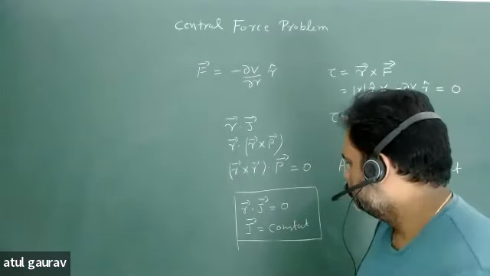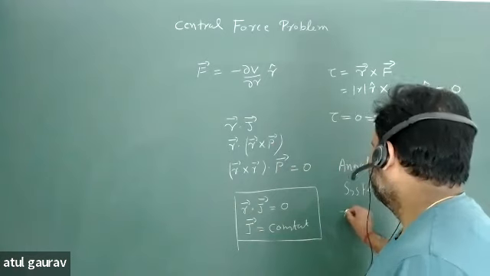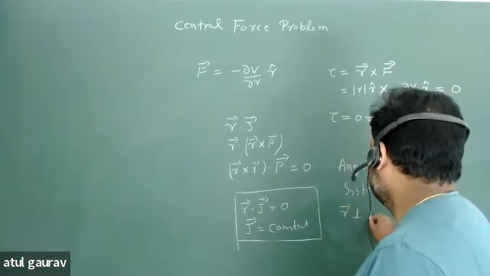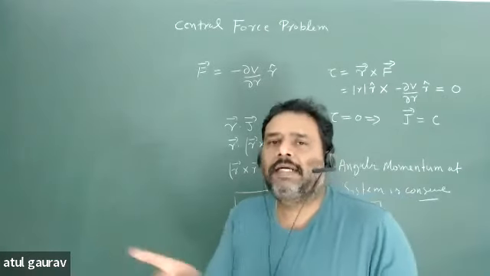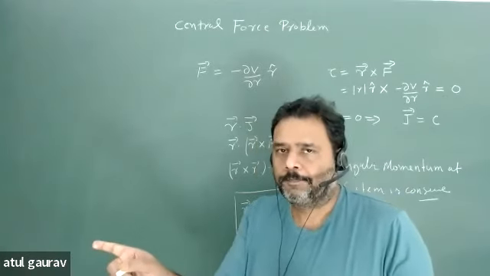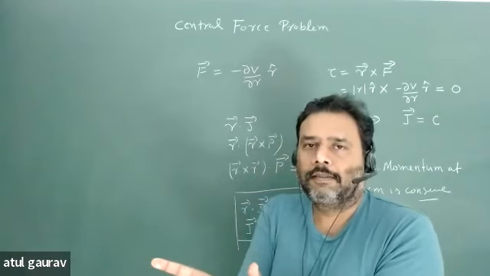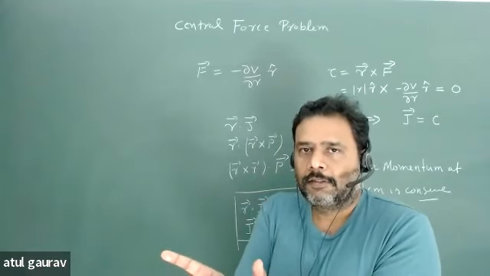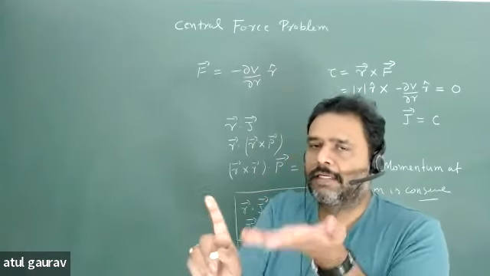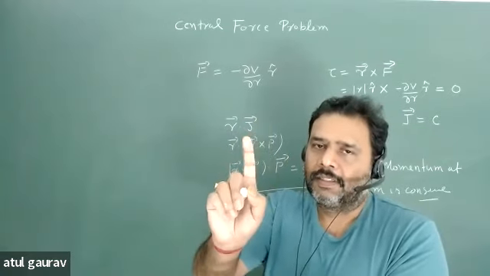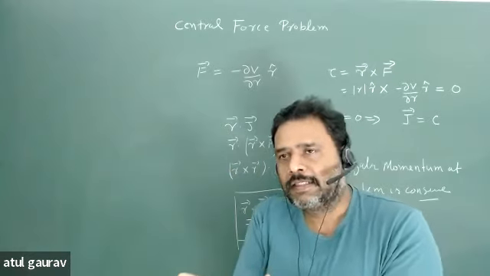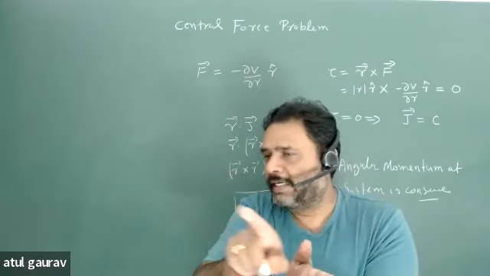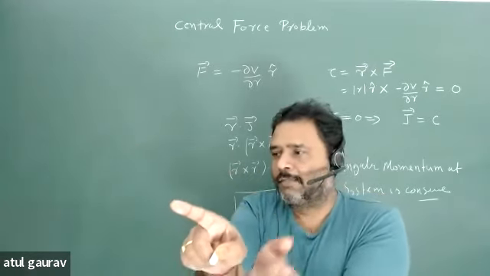R is perpendicular to J. So whatever be the direction of J, R is going to be perpendicular to it. So obviously if J is in the Z direction, then R will be in the XY plane. If J is in something like this direction, then R will be in this plane.